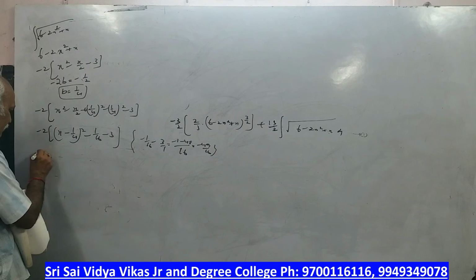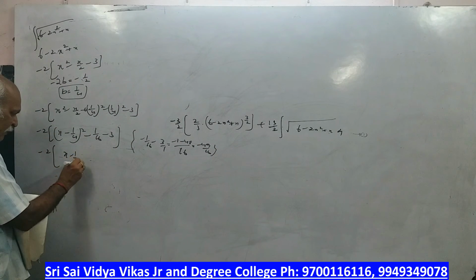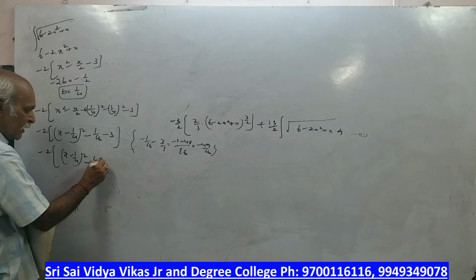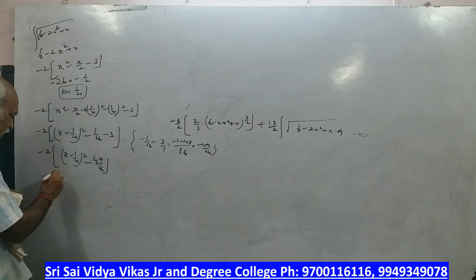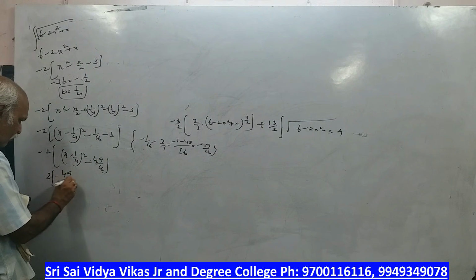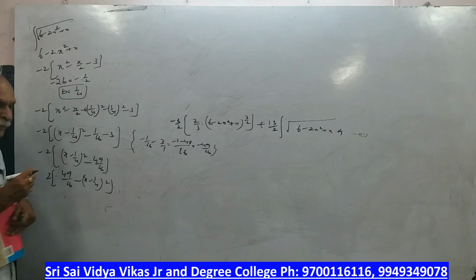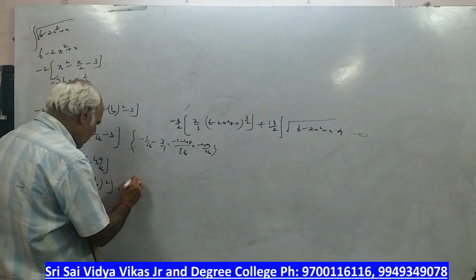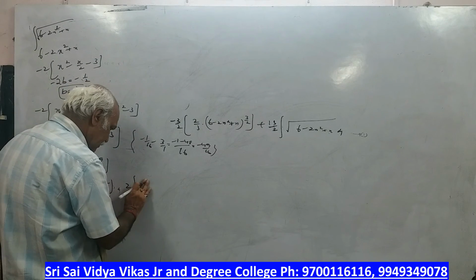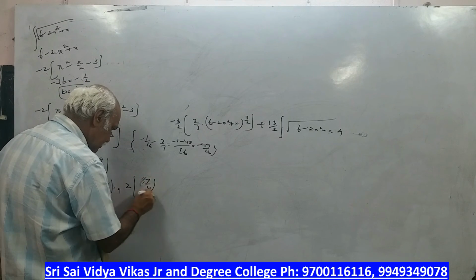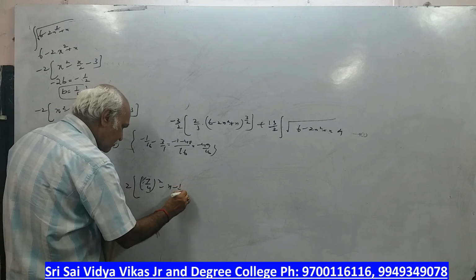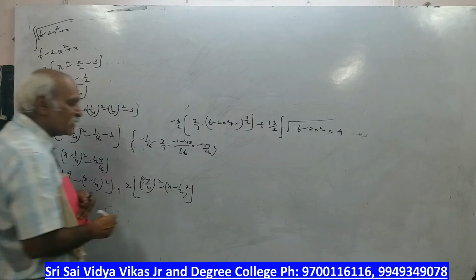Okay. So what will happen? Minus 2 into x minus 1 by 4 whole square minus 49 by 16. Bring minus sign inside: 2 into 49 by 16 minus x minus 1 by 4 whole square. So this is nothing but integration root of 2 into 7 by 4 whole square minus x minus 1 by 4 whole square. Right? We got this.